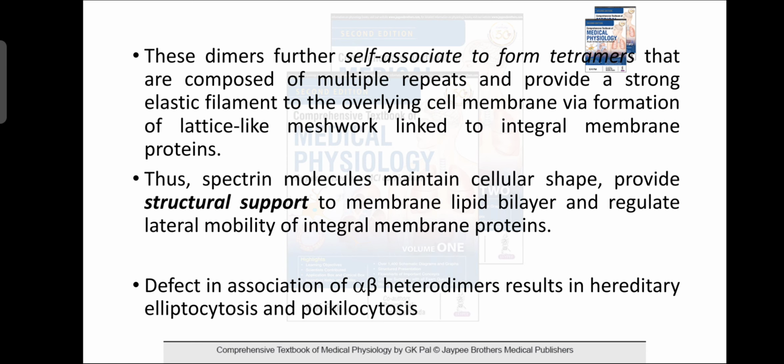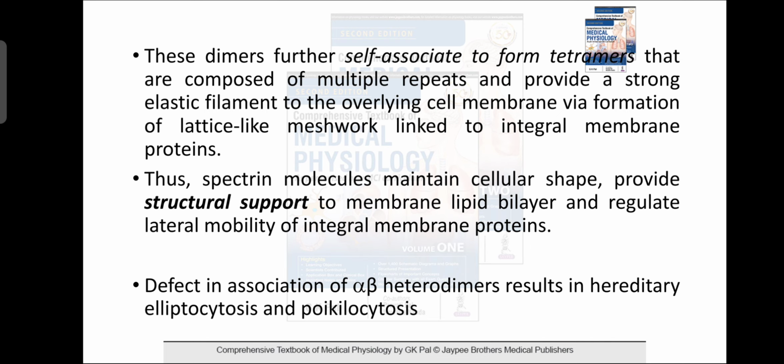This dimer further self-associates to form tetramers, which are composed of multiple repeats, and it provides a strong filament to the overlying cell membrane via formation of a lattice-like meshwork with integral membrane proteins.